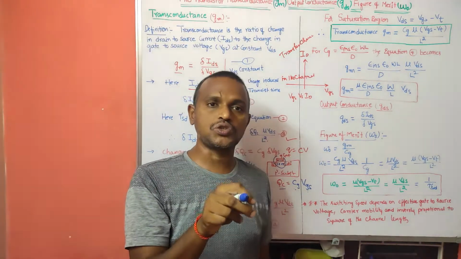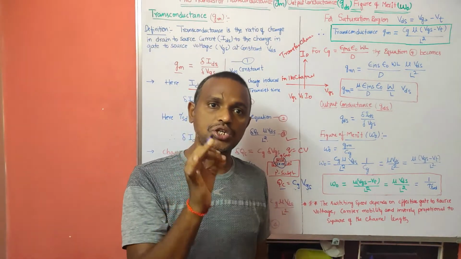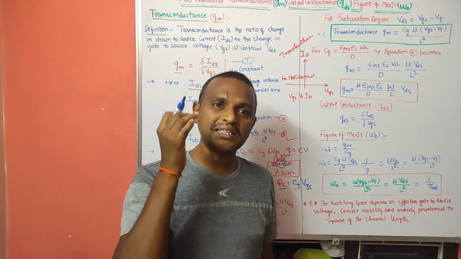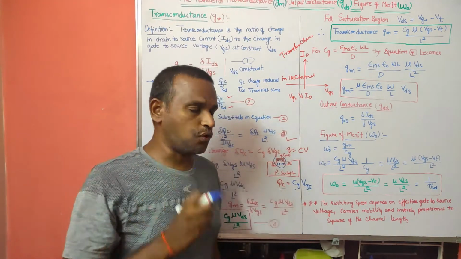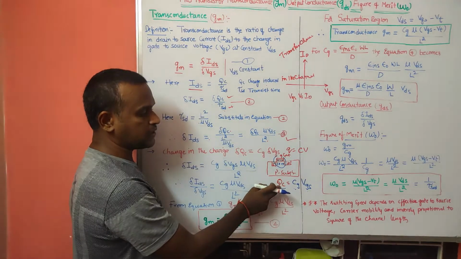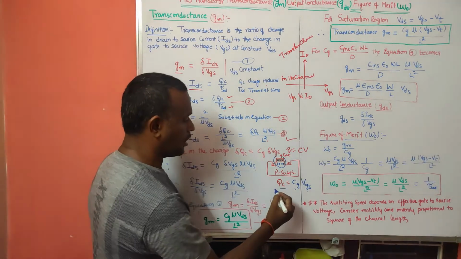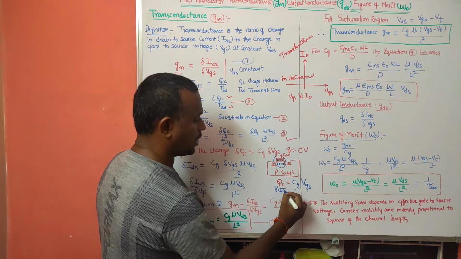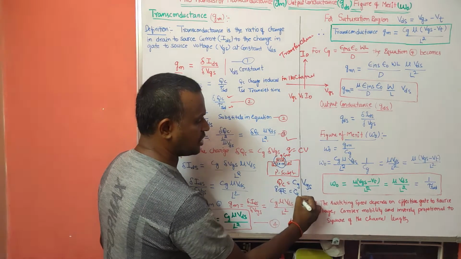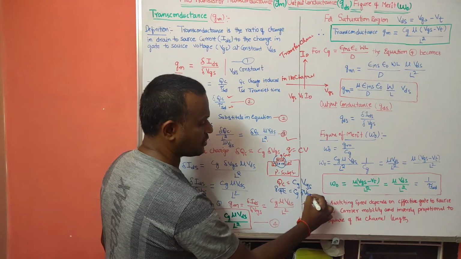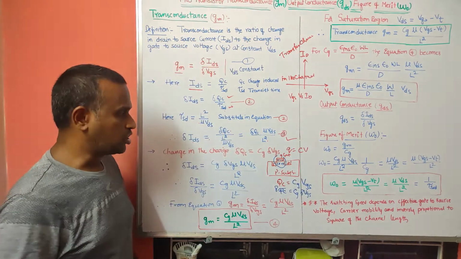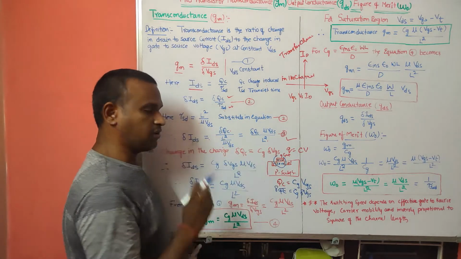Because of that VGS only, a charge is induced, and that is nothing but a capacitive effect. That's why QC is equal to CG into VGS. But what I require is delta QC. Delta QC is equal to CG and delta VGS. This is a very important step in this derivation.